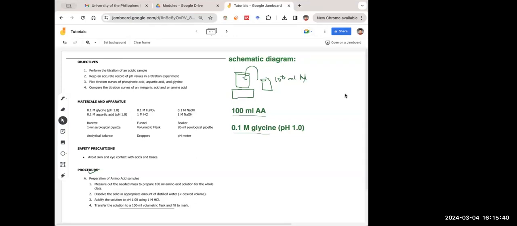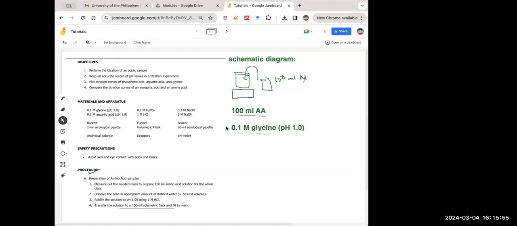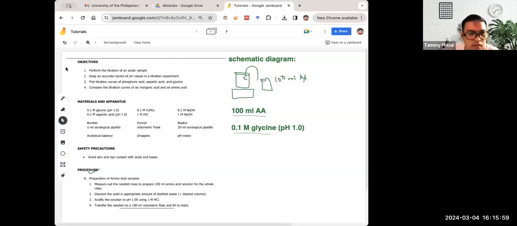Does the Henderson-Hasselbalch equation still count? This is not a buffer, right? So you just have to dissolve it in water. You can annotate if you want to.